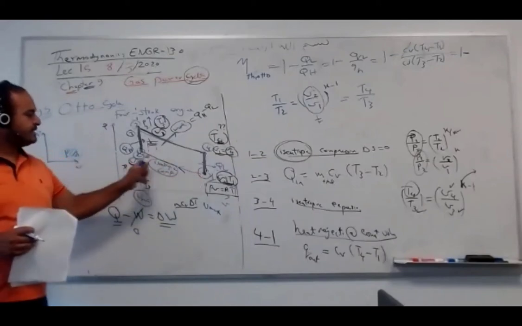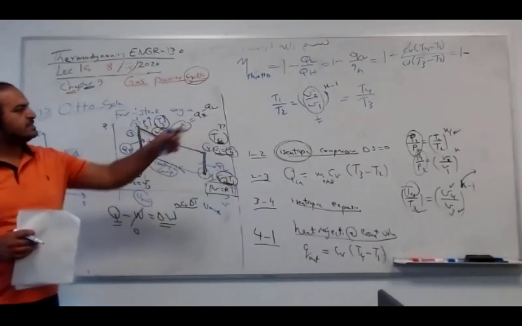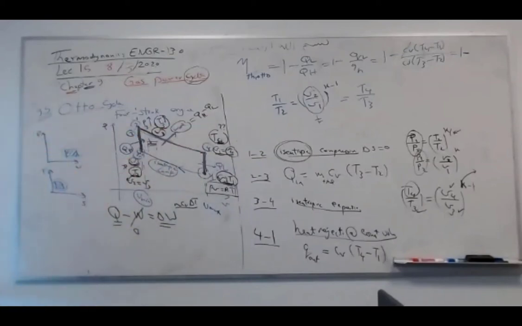So this and this are isentropic. This and this are isentropic. So these are the ratios. Let's divide by T1. I think we divide by T1.